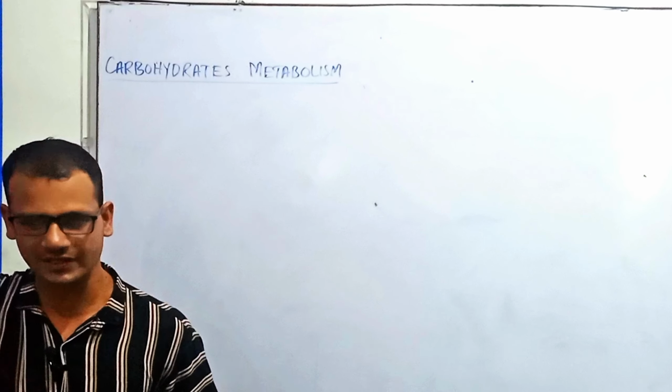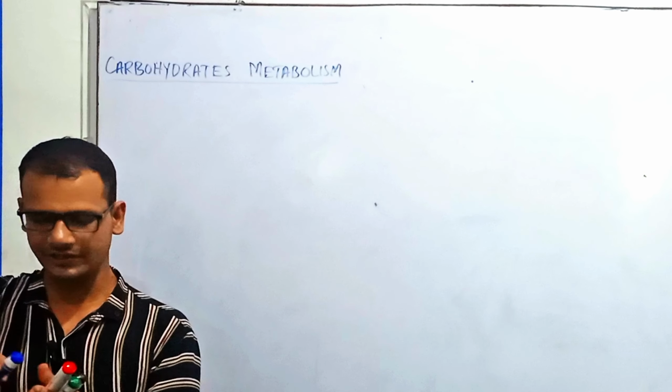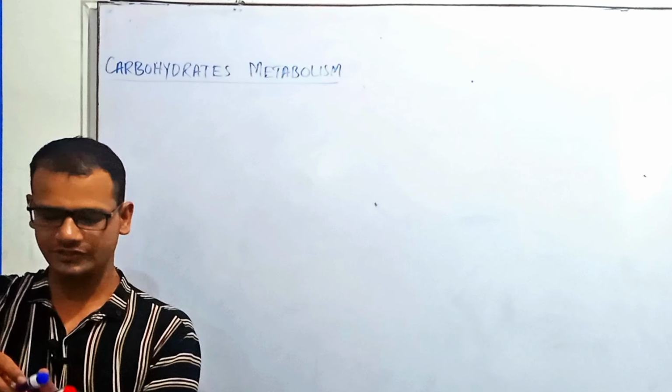From where do carbohydrates come? Carbohydrate comes from a reaction in green trees. We discussed this yesterday, the photosynthetic reaction. What is the location of this reaction? Green plants or trees.